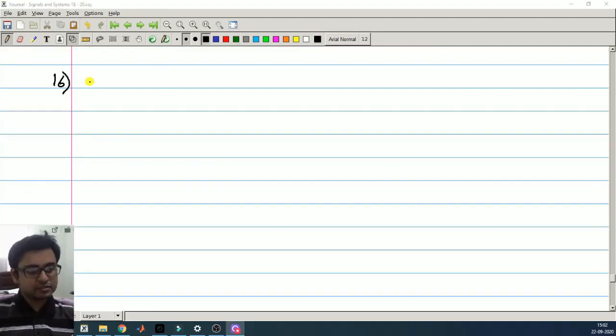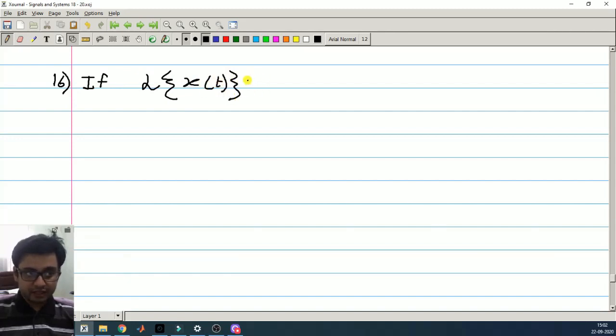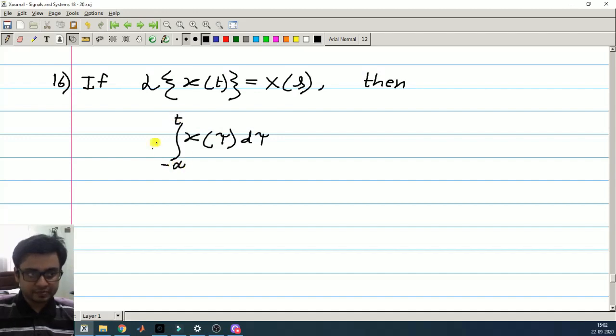Next property, once again, if Laplace transform of x(t) is capital X(s), then consider the signal integral of x(tau) d tau integrated from minus infinity to t.